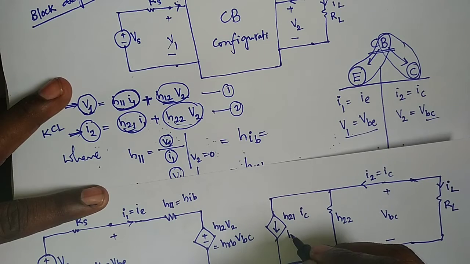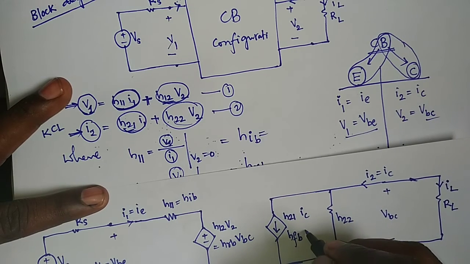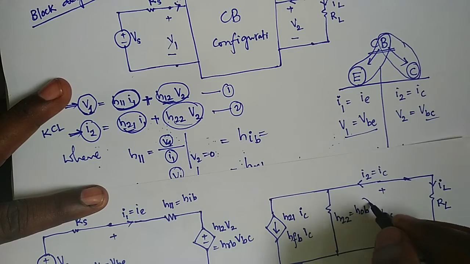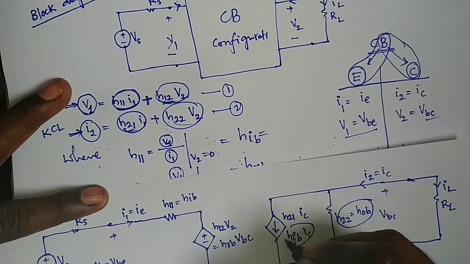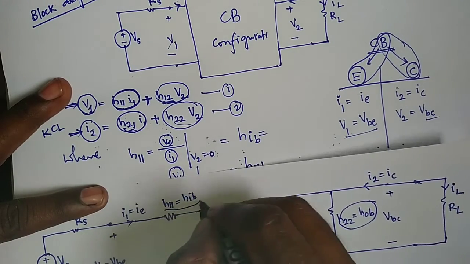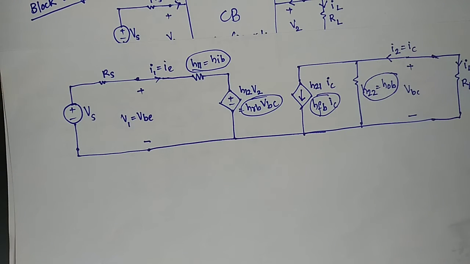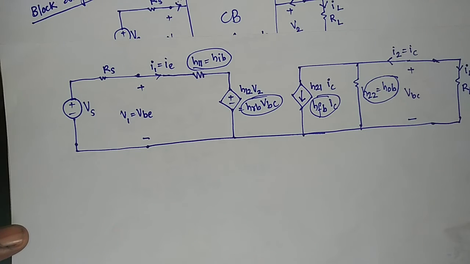H21 is represented as HFB IC. H22 is equal to H0B. So these are the H parameters, and this is the final small signal model for the common base configuration.